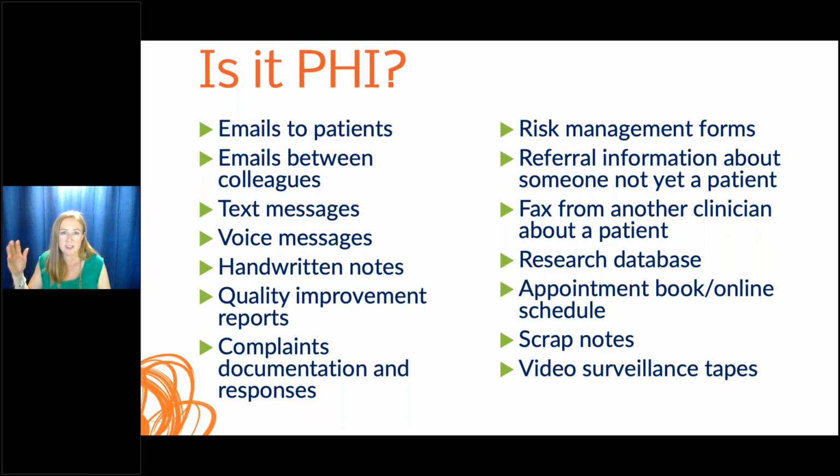And if you look at this list: emails to patients, emails between colleagues, text messages, voice messages, handwritten notes, quality improvement reports, complaints, documentation and responses, risk management forms, referral information about someone who is not yet a patient of yours, a fax from another clinician about a patient, a research database, an appointment book or online schedule, scrap notes, video surveillance tapes. All of these things can be records of personal health information if it meets that definition that I just shared with you.